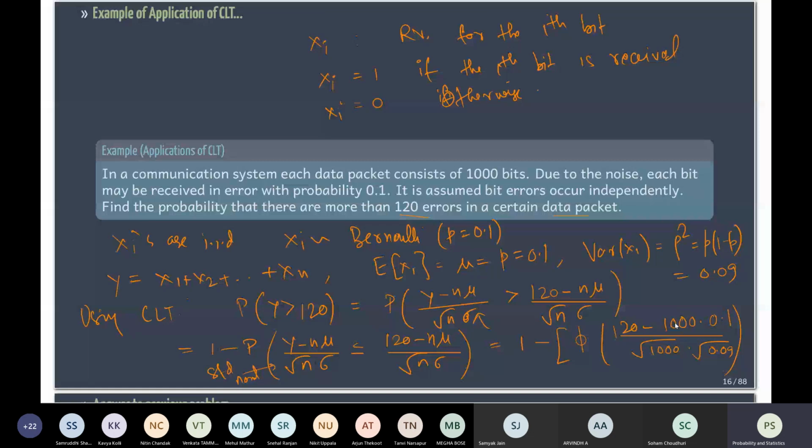So again, using the CLT, we could find the probability of this. The trick is to scale it, and then we get this. You may wonder about the intermediate step, but we are starting from here, and this is just an intermediate step. We make it standard normal, do the appropriate scaling, and then we get the answer. The same thing happened in the previous example.